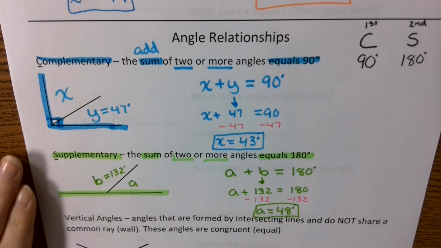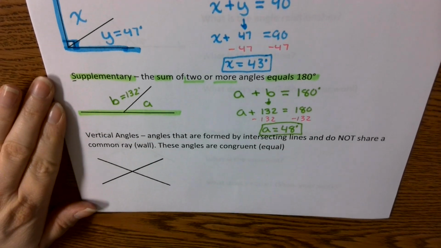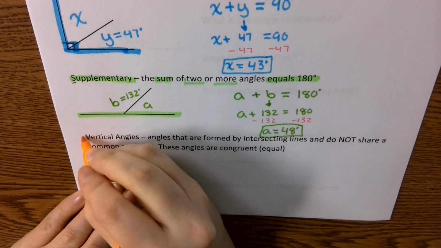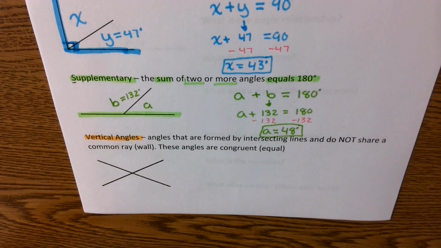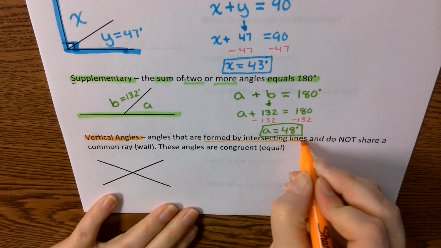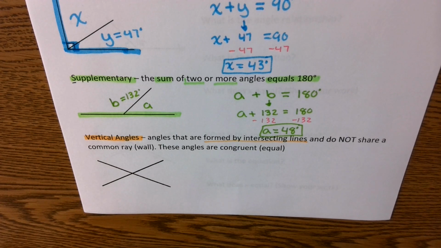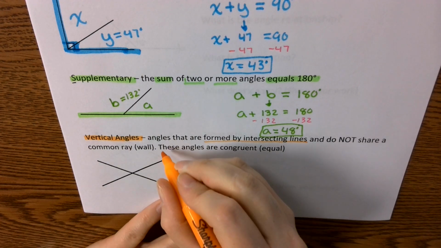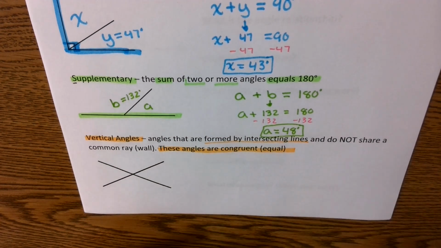All right, then we've got our third angle relationship. Our third angle relationship is called vertical angles. So vertical angles are formed by intersecting lines. They have to be intersecting lines to be able to create vertical relationships. And the most important thing to remember about these is that these angles are congruent, which means they are equal to each other.